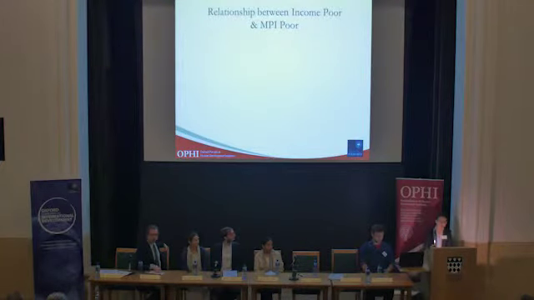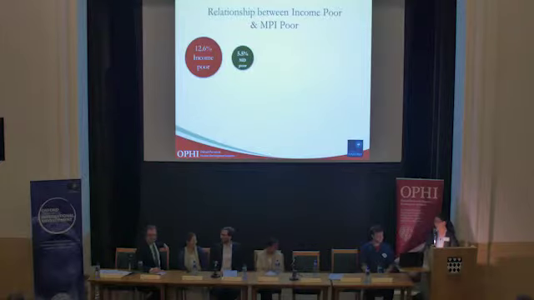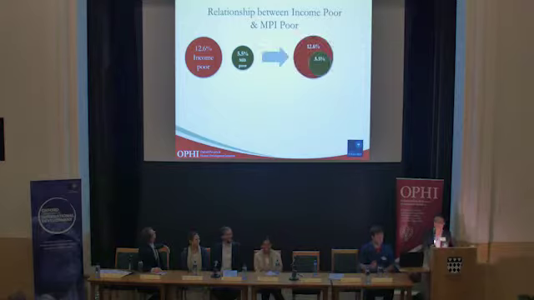And the last question, what is the relationship between the income poor and MPI poor? Based on our data set, we use China's rural poverty line and get 20.6% of people who are income poor. Can you still remember the percentage of people who are MPI poor? Yes, it's 5.5%. We might expect that all these 5.5% of the population belong to the set of income poor.